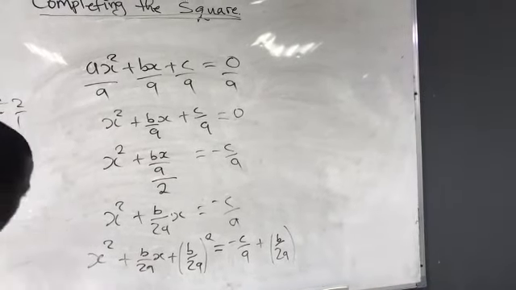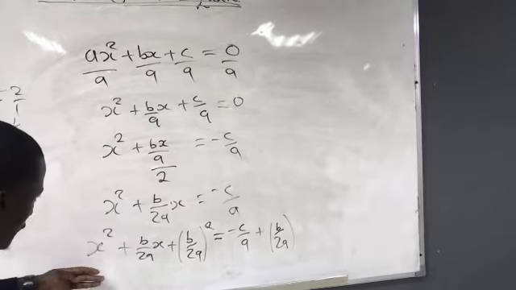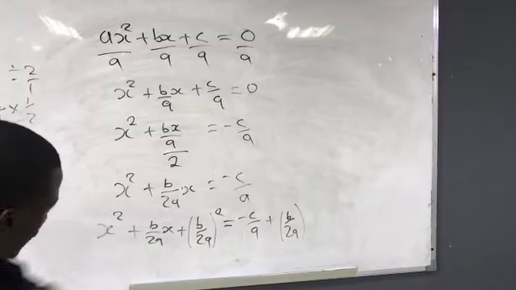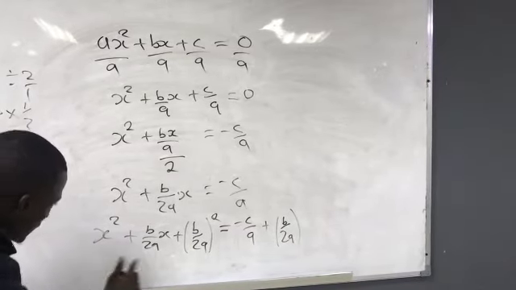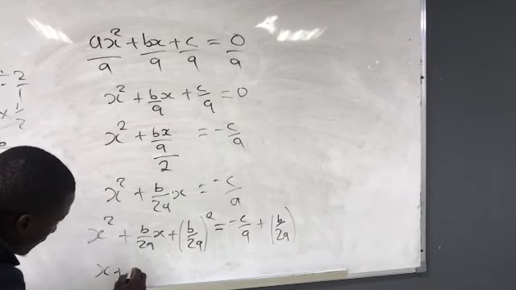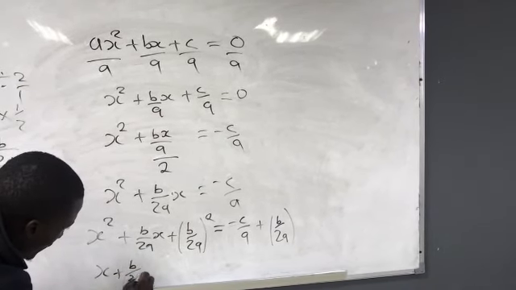After we've done this, you're going to get, if you can see this x squared there, and that one I'm having squared, just get this one and that one, x, there's a positive sign, b over 2a.